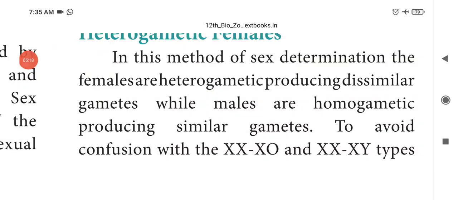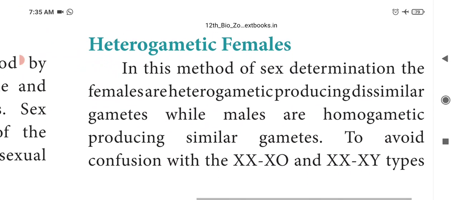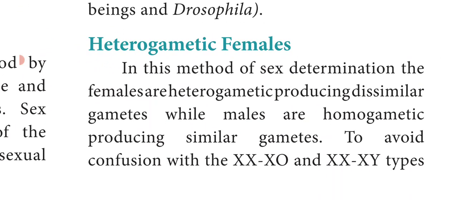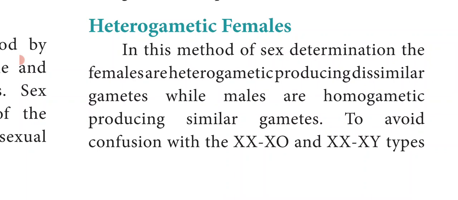Next we'll talk about the heterogametic females, that is, females producing different types of gametes and males producing the same type of gametes. In this method of sex determination, the females are heterogametic, producing dissimilar gametes, and the males are homogametic, producing similar gametes.